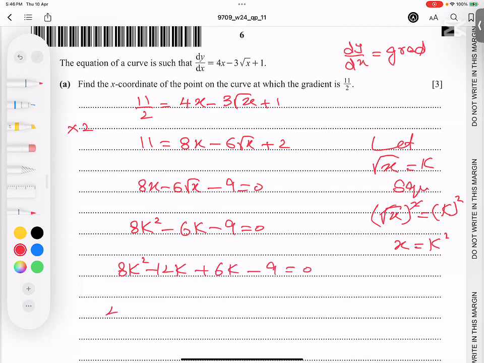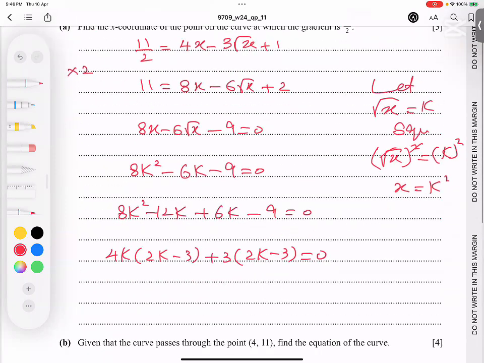From here, 4k common, 2 3, here 3 common. I'm getting 2 answers, 3/2 and -3/4.